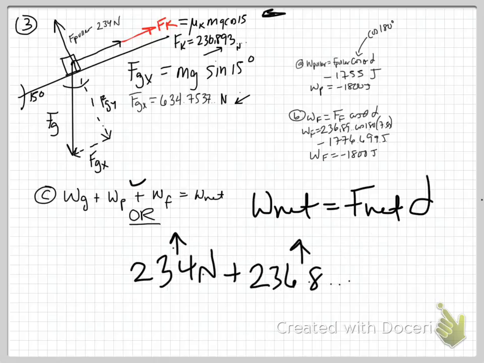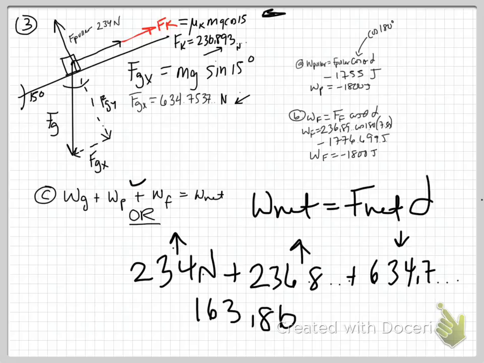I added to those the 634.7 and so on newtons downward, which is the force of gravity, and then multiplied that by 7.5. For my net force, I got 163.86 newtons down slope. It is moving at cosine 0.